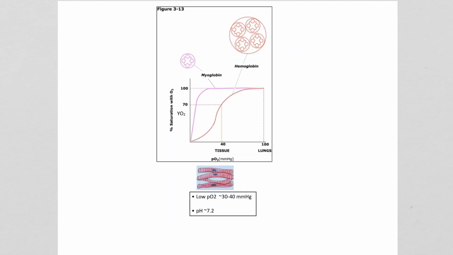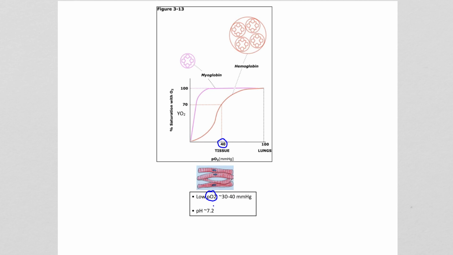Let us first look at what happens to these proteins in the muscle tissue. The concentration of oxygen in tissues such as muscles is around 30 to 40 millimeters mercury.